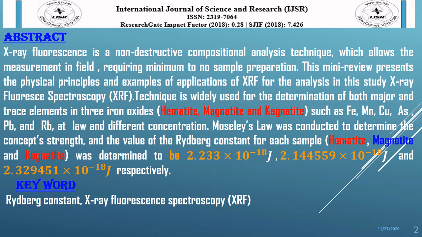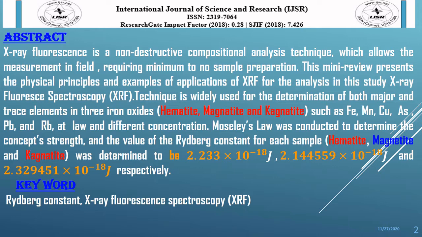Moseley's law was constructed to determine the constant strength and the value of the Rydberg constant for each sample: hematite, magnetite and kagnatite.